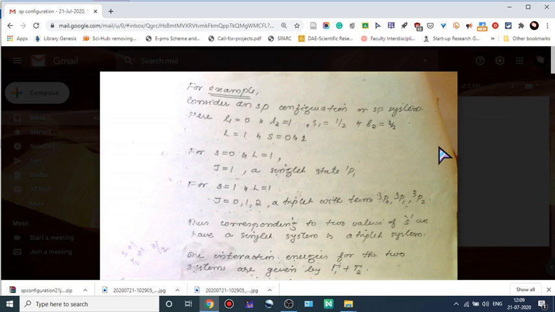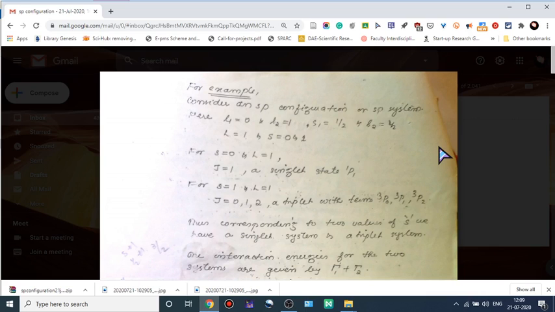For the sp configuration, there is one s electron and one p electron. For the s electron, L1 equals 0, and for the p electron, L2 equals 1. That is, L1 equals 0, S1 equals half, L2 equals 1, S2 equals half.